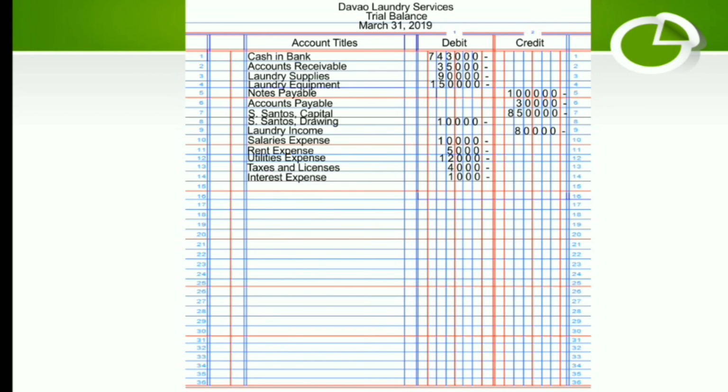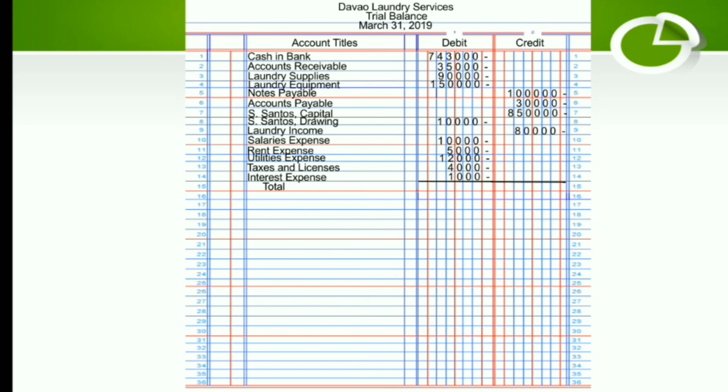Okay, since interest expense is the last account title in the general ledger, the next thing that we're going to do is to total all the debit amounts and then total all the credit amounts. For the debit first, we have 743,000 plus 35,000 plus 90,000 plus 150,000 plus 10,000 plus another 10,000 plus 5,000 plus 12,000 plus 4,000 plus 1,000.